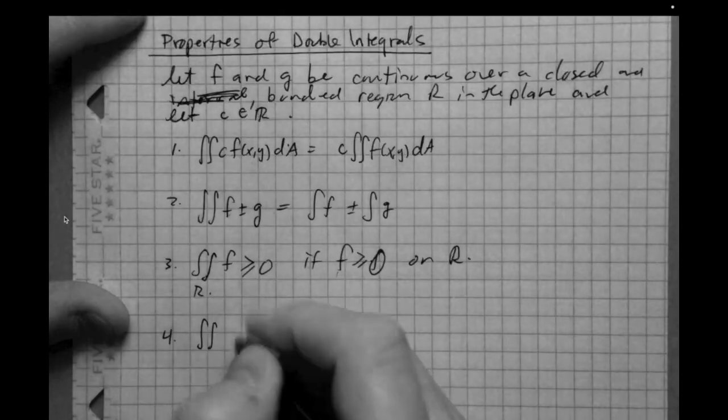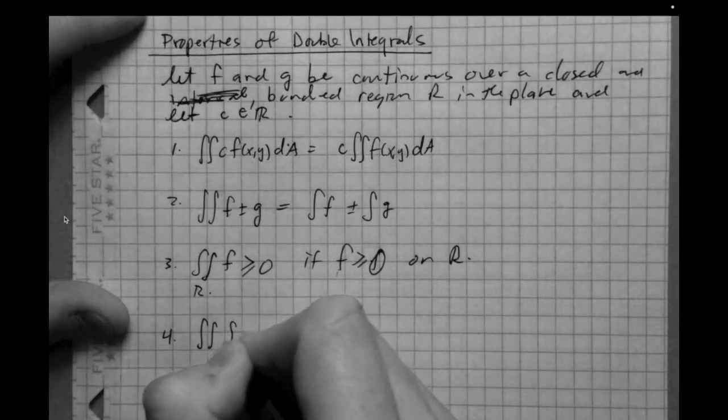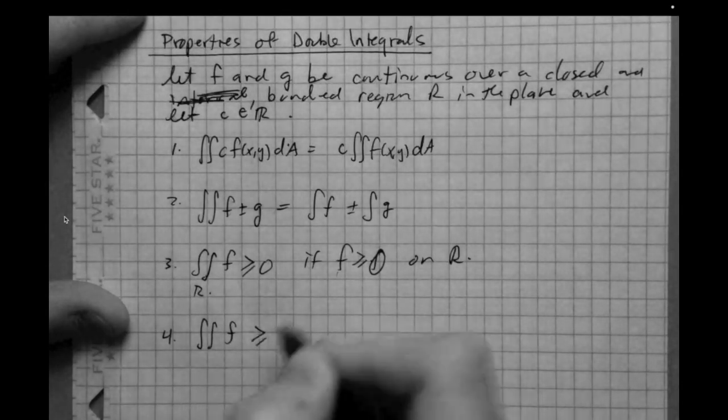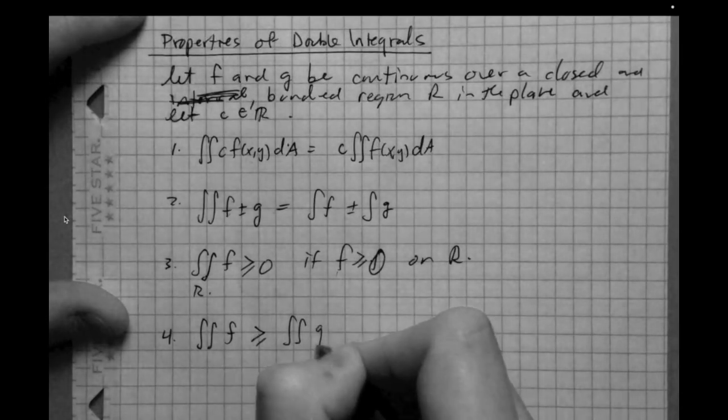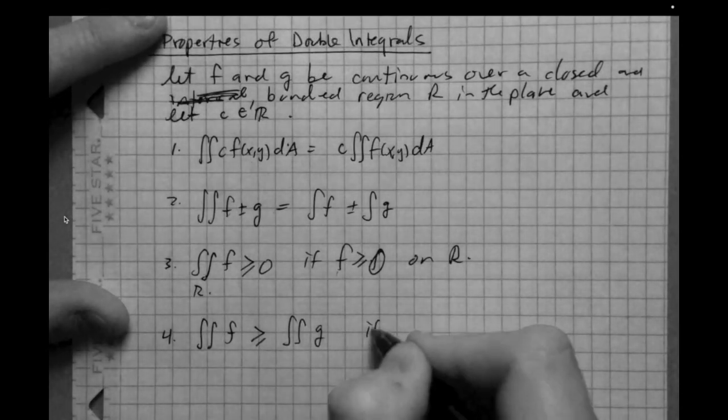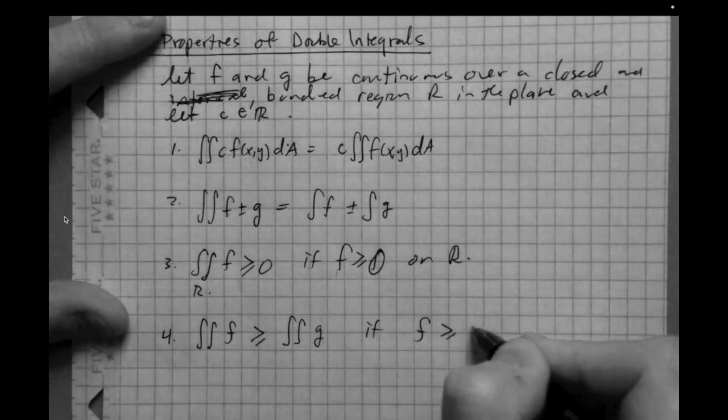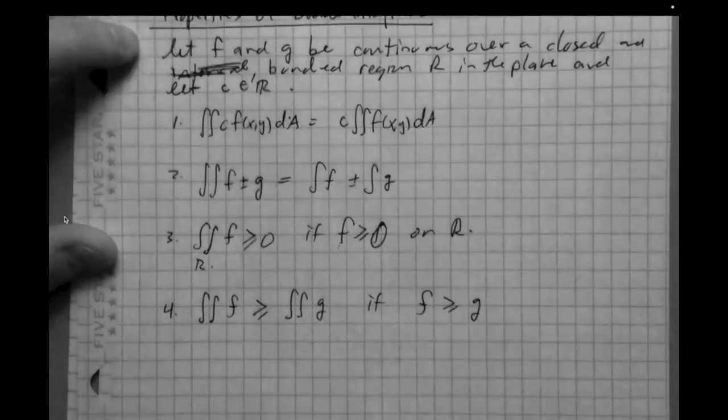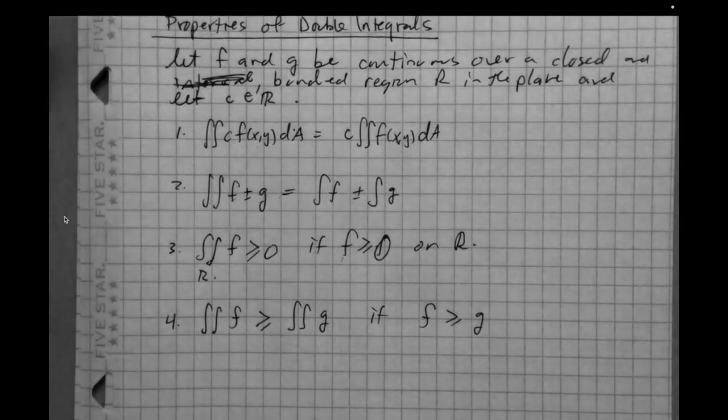So the double integral of f is going to be greater than or equal to the double integral of g if f is greater than or equal to g. So kind of standard. You would expect that.